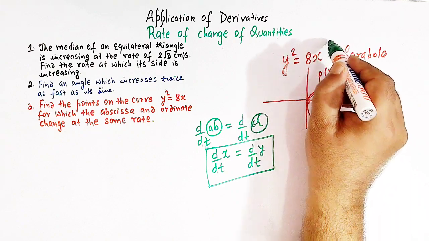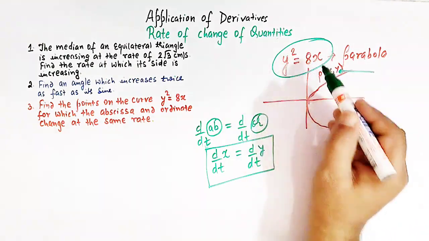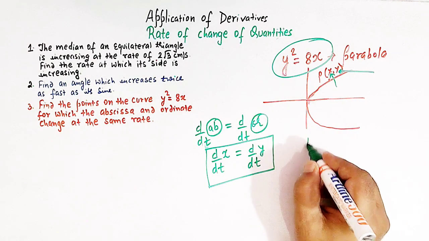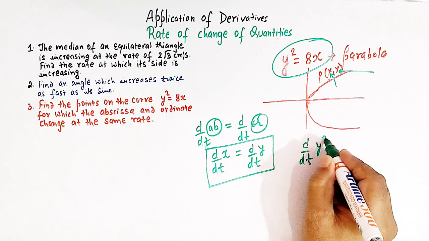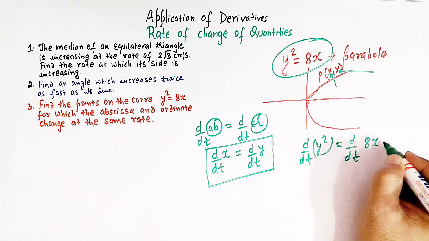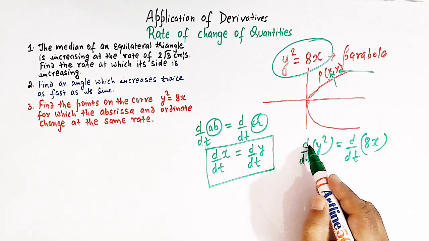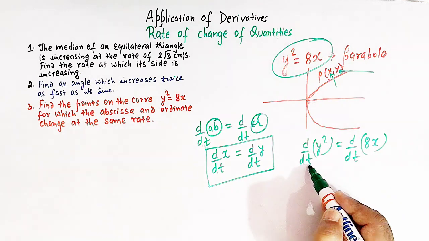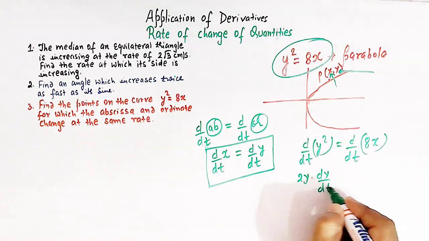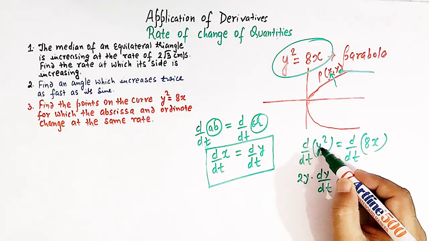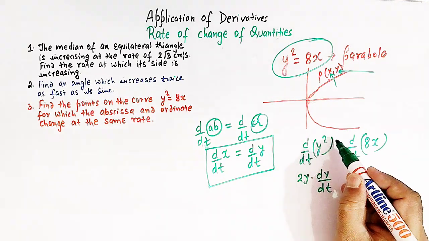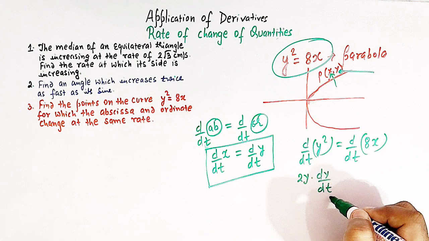So let us differentiate this equation both sides with respect to t. Now we have d by dt of y square, and here we have d by dt of 8x. The derivative of y square with respect to t can be written as 2y times dy over dt, because first we differentiate y square with respect to y, we get 2y, and then by chain rule we write dy over dt.